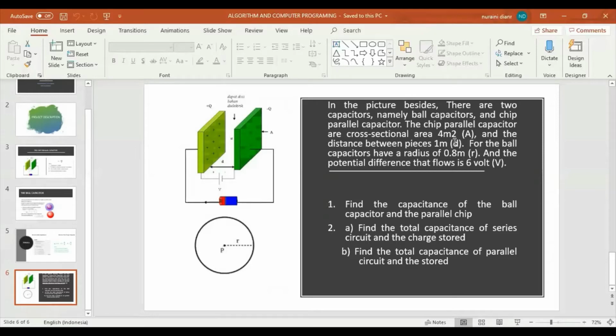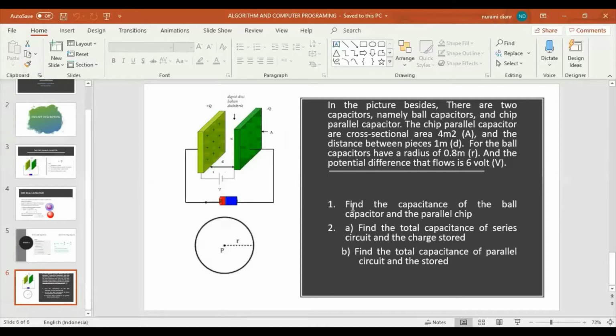So we know that here the chip parallel has the area 4 meter square, and the distance here is 1 meter. For the ball, the radius of the ball is 0.8 meter, and the potential difference is 6 volt.